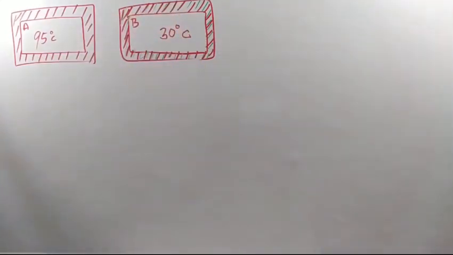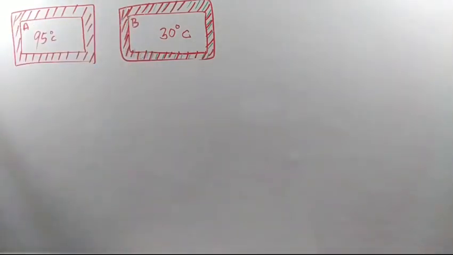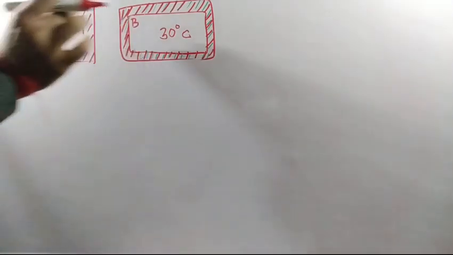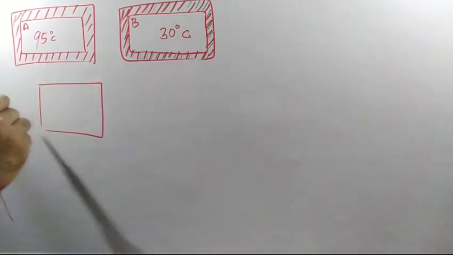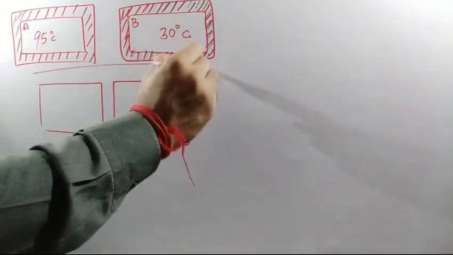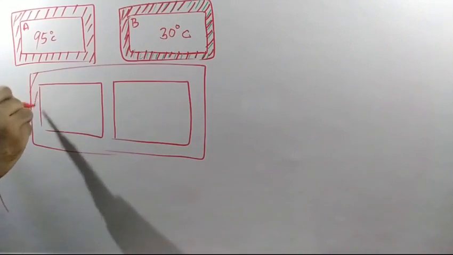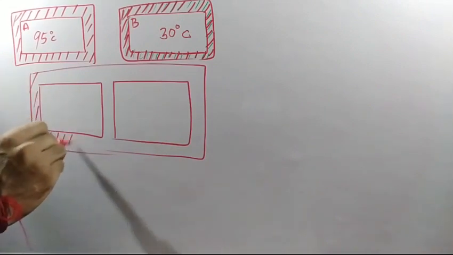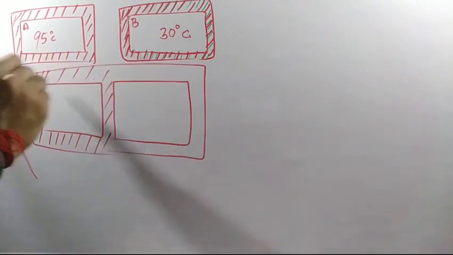Clear? Now if we club these two systems, listen carefully, system A and system B, I am bringing them in contact. The resultant figure will be in this manner. These are all adiabatic walls. Getting or not?